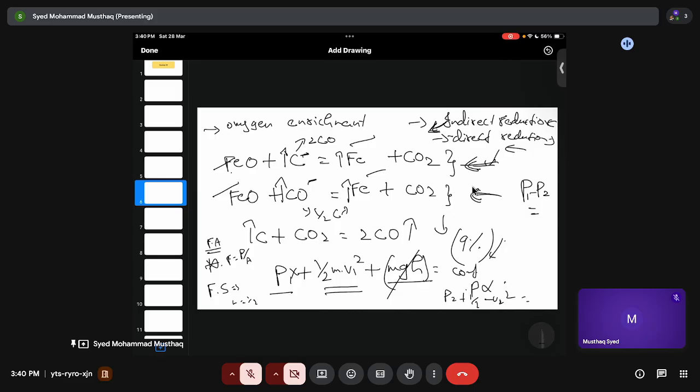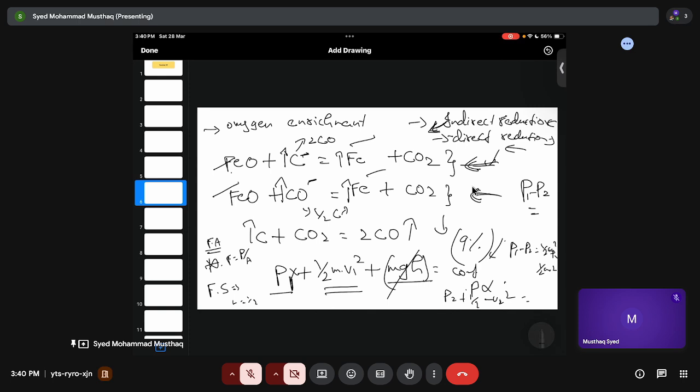So P1 minus P2, taking out some constant, equals some constant times V1 square minus V2 square. So the higher the pressure difference, the faster your fluid can flow, and the less the pressure difference, the slower it can flow. That's what we use in aeroplane lift also, right?